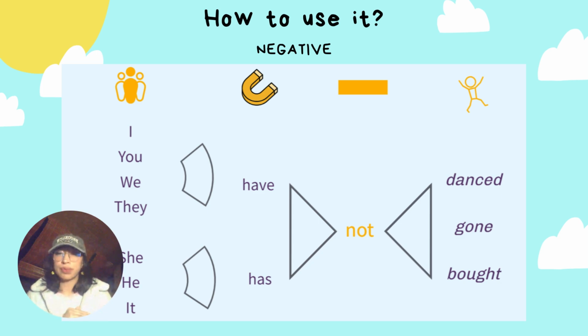They have not gone. We are going to use this structure when we are going to say that something didn't happen, has not happened. We can also use some abbreviations that could be I haven't or she hasn't, things like that. That will be the abbreviation for the negative way.